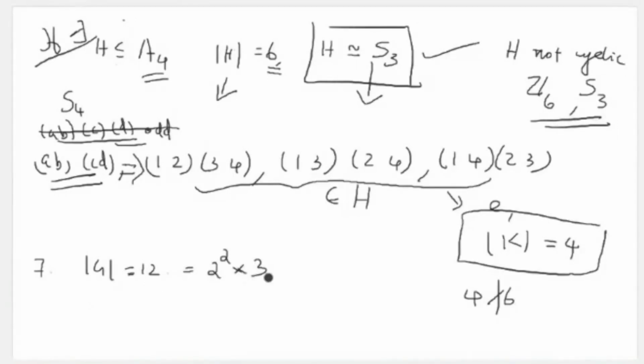Then it has two kinds of Sylow p-subgroups. The 2-Sylow subgroup. I think you know the idea of Sylow subgroups.